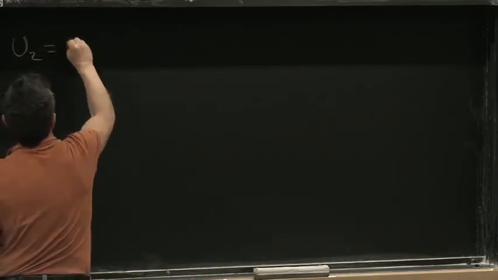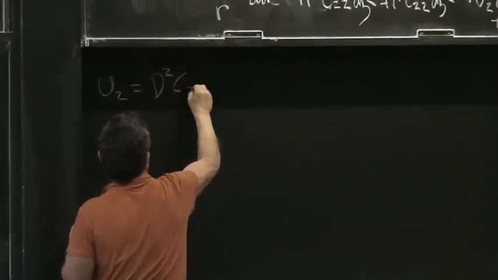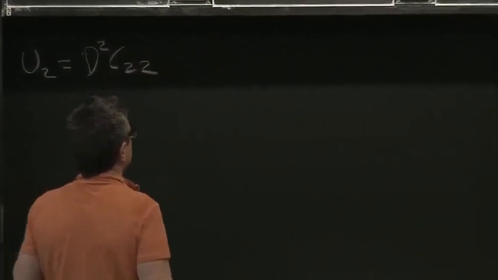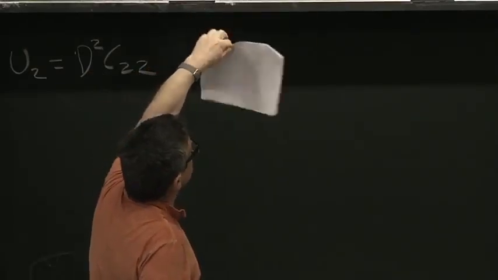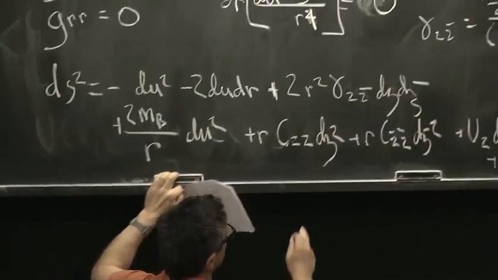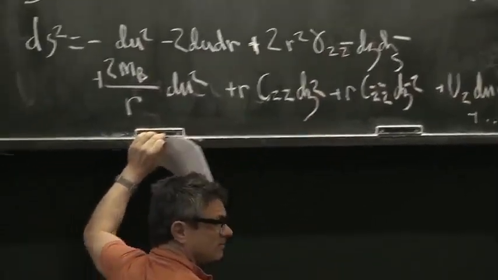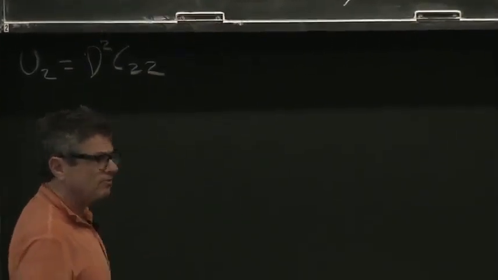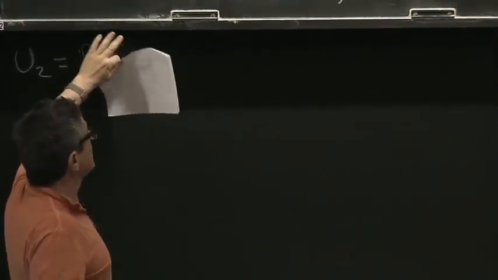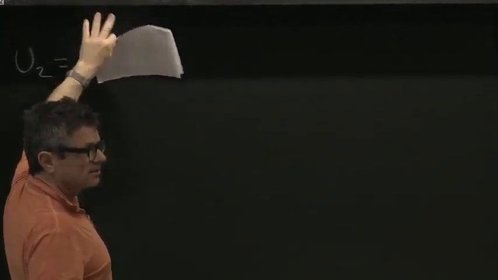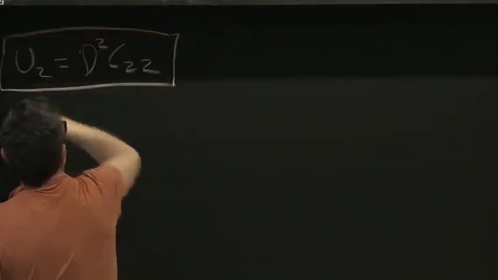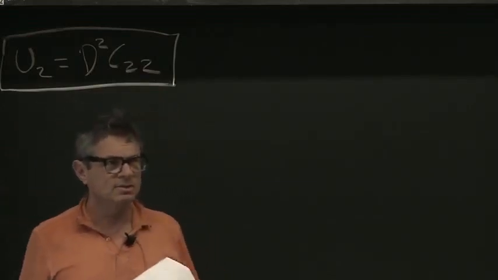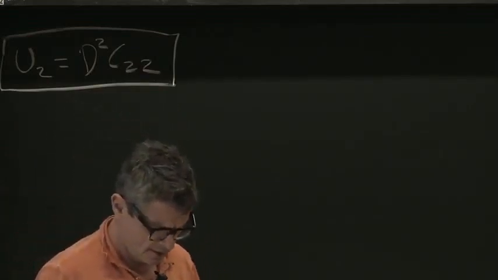And that requires that U_z is related to C_zz by this relationship, where D_z is the covariant derivative not with respect to the two-dimensional metric g, but with respect to gamma z zbar. It's the covariant derivative on the unit 2-sphere, and the index on it is raised, again, with gamma z zbar. So that's a homework problem to show that asymptotic flatness requires that U_z is equal to this.